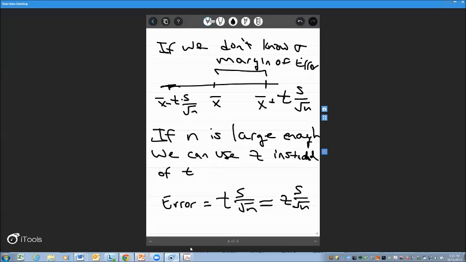So if I want to solve for n, that would mean that the square root of n is s times z over the error, which gives me n is s times z over the error, squared.